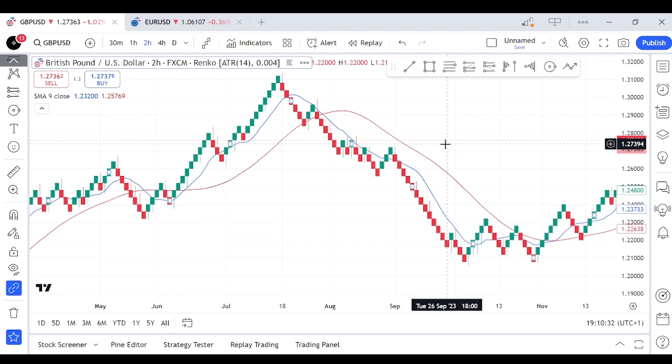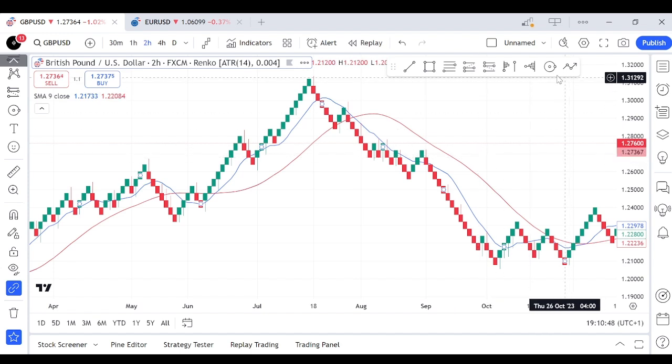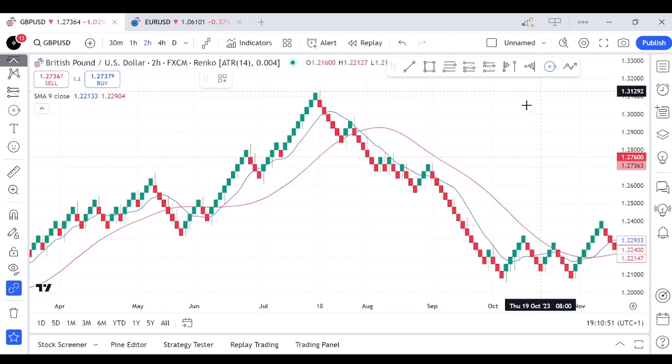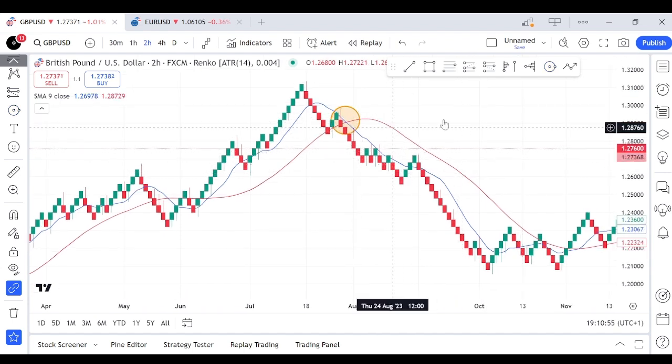So to implement this strategy, you wait for a crossover to occur and then enter a trade when the next Renko brick forms in the direction of the crossover. This additional confirmation can help reduce false signals and improve your entry timing. So as you can see, after this cross, price started going lower, and you can see the confirmation with the formation of 2 consistent breaks right there to give us the confirmation we need.